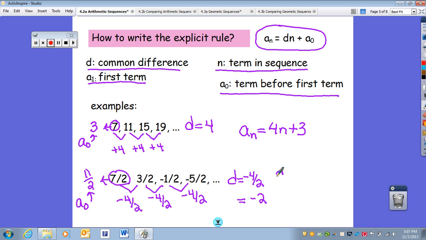So let's write the rule. A sub n, or the term in my sequence, equals the common difference, which happens to be negative 4 over 2, which we reduce to negative 2, times n, that's the number of the term, I don't know which one I want yet, plus my a sub 0, which is my term before my first term, which is going to be, in this case, 11 over 2.